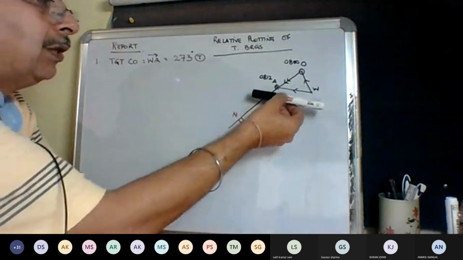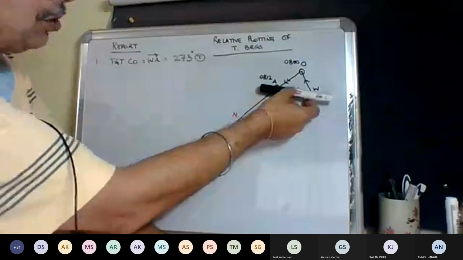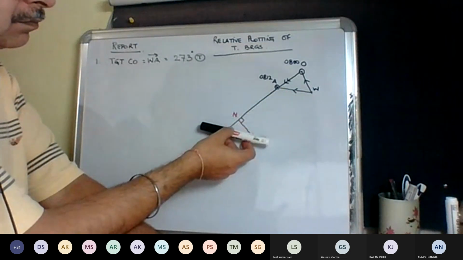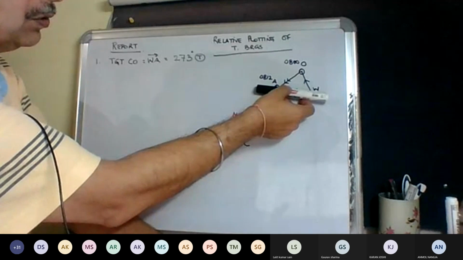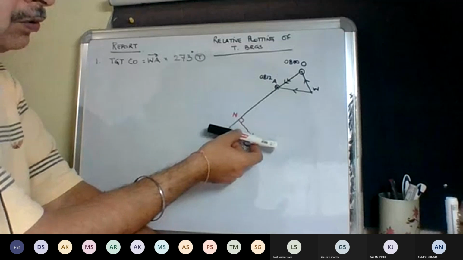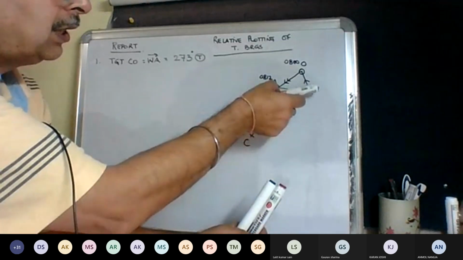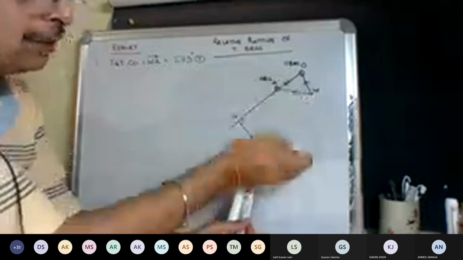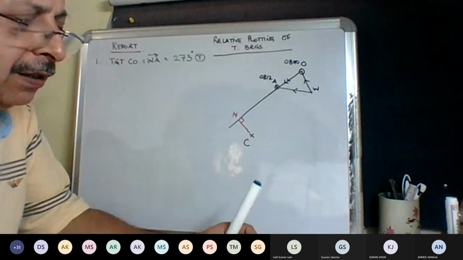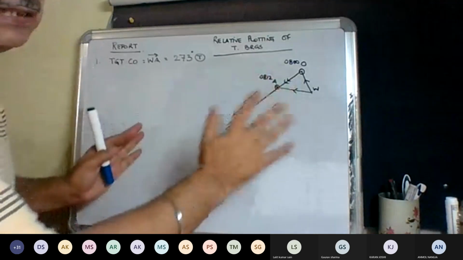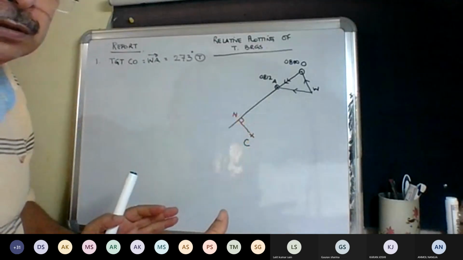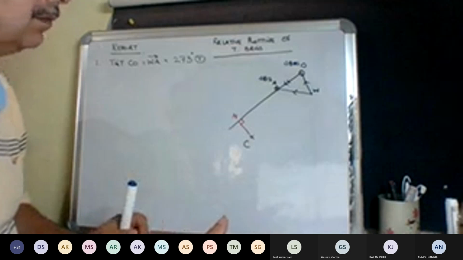So you have to try and minimize your error. How do you minimize your error? Put your roller ruler in the center of WA and then you transfer it. Make sure that when you pull it down, you don't let the paper move, because even a slight shift will give you some issues. So try and keep your paper steady. 272 is also fine.